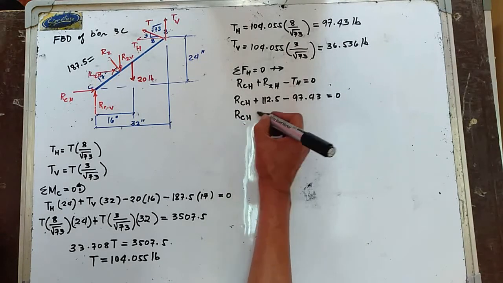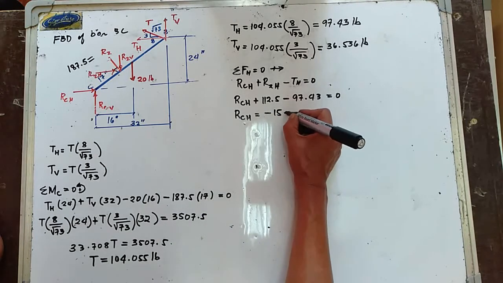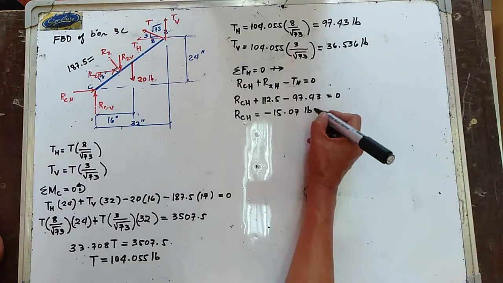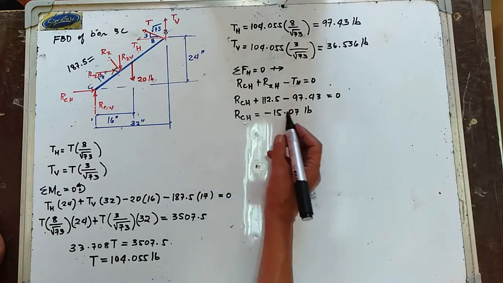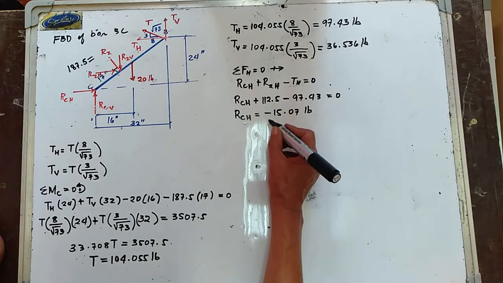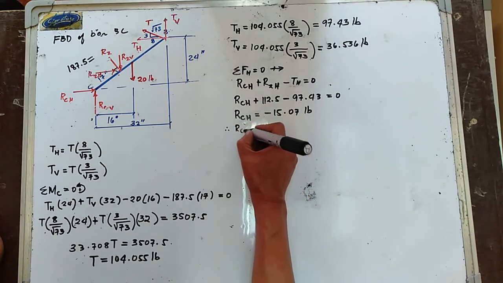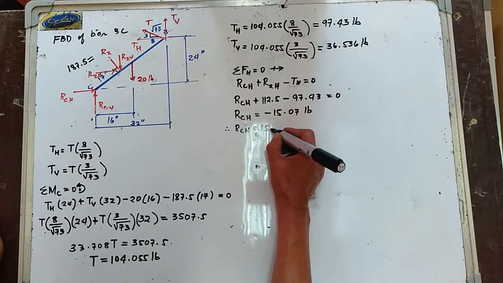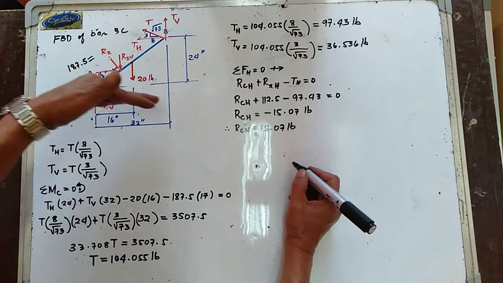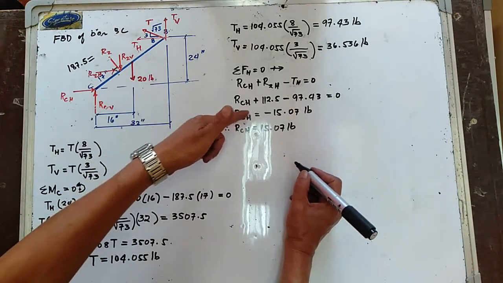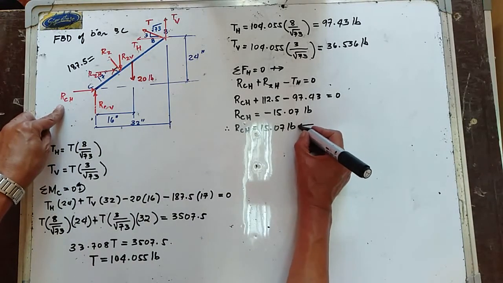So your RC horizontal is equal to negative 15.07 pounds. What does the negative sign mean? We assumed RC horizontal to be going to the right. Since we get a negative value, the correct direction of RC horizontal should go to the left.